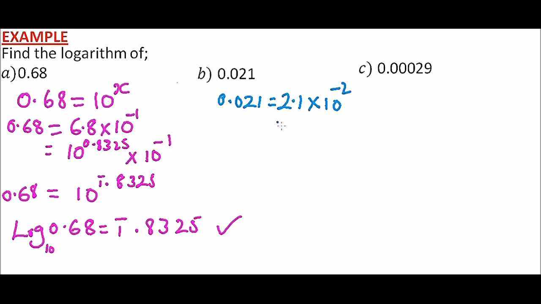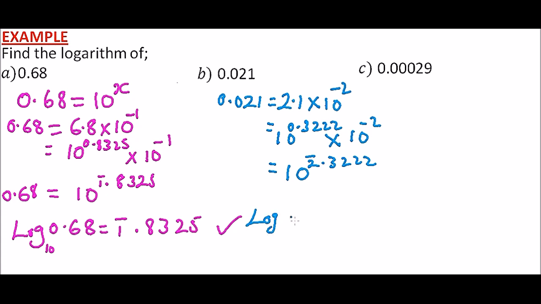So using the logarithm tables, 2.1 is the same as 10 to power 0.3222 multiplied by 10 to power minus 2. So when you add these two, you get 10 to power bar 2.3222. So the logarithm of 0.021 is equals to bar 2.3222. So that is the logarithm.